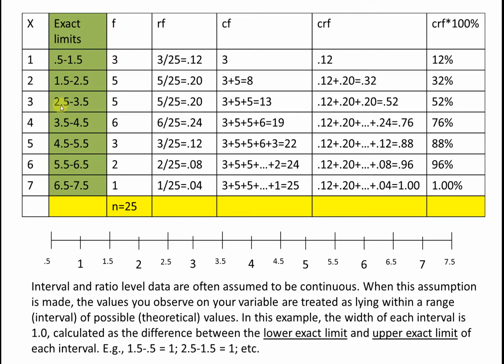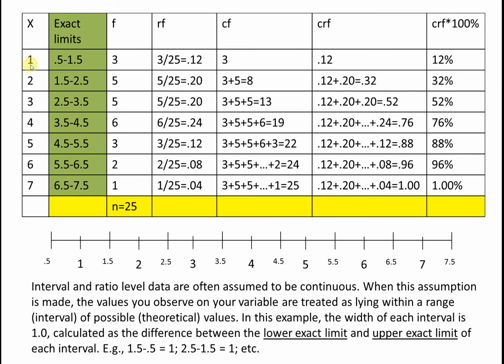If we look at our data set right here, we've got values of 1 through 7, and the concept of exact limits represents theoretical ranges where, if we had enough measurement precision, we might observe values falling.